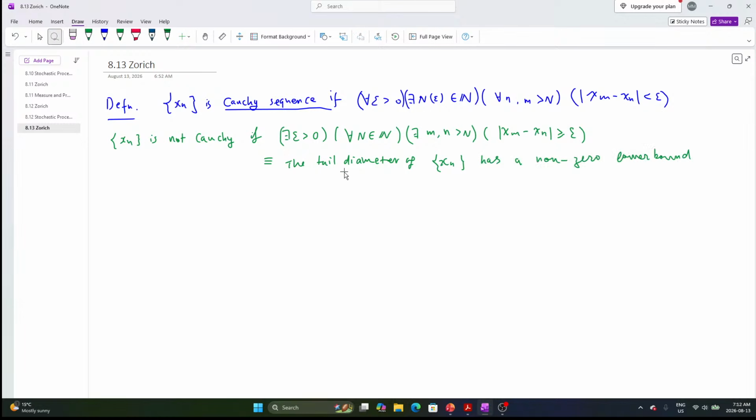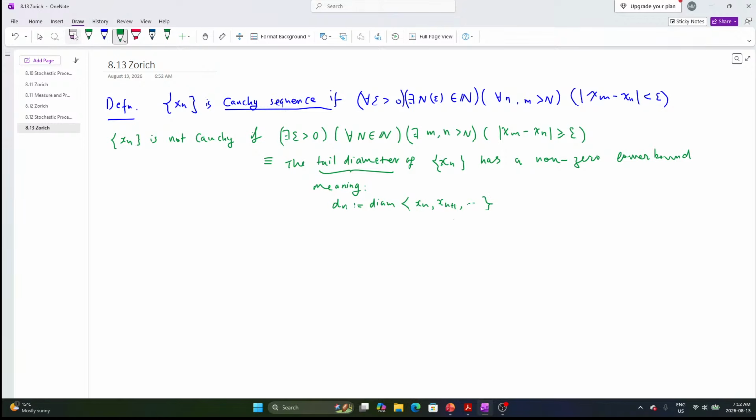And just to recall what we mean by tail diameter, this is the sequence dn, which is defined as the diameter of the set xn plus 1 all the way.